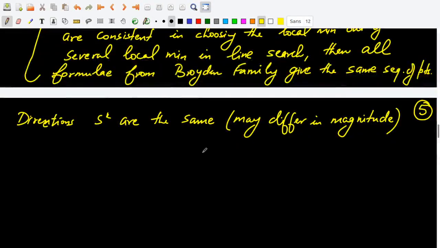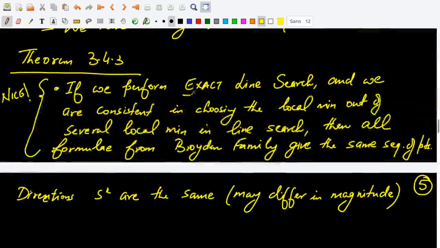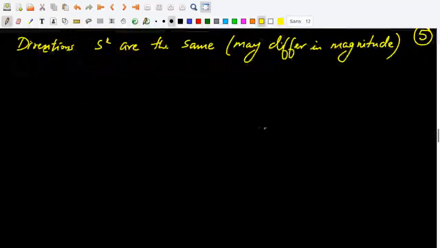So that means all of these methods, whether you take DFP or you take BFGS or any convex combination of these two methods by choosing a phi between 0 and 1, any value, as long as you are doing exact line search and you are able to consistently choose the same local minimum.